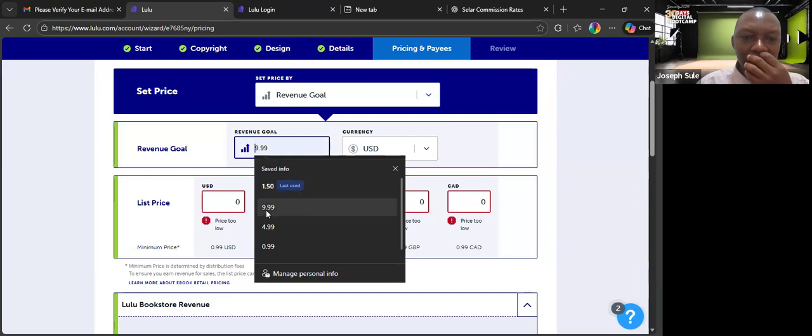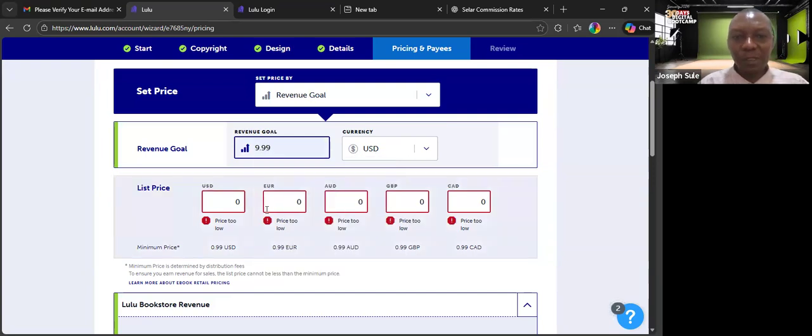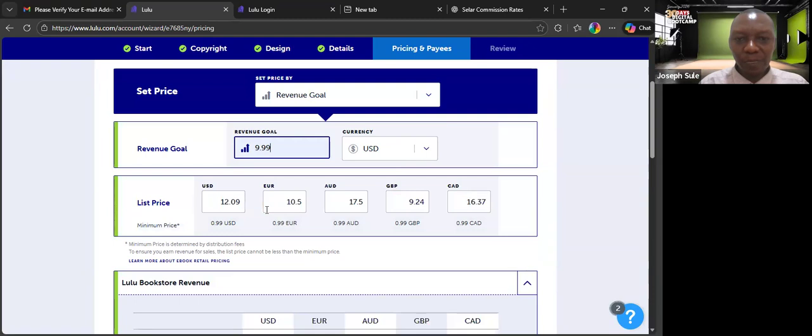And to make 100,000 naira, I might probably need to sell like 60 copies. Now, if I'm selling 60 copies, it means how much should I sell a book? I'm going to divide 60 by 100 and then arrive at a price. And then I'll put my price there.